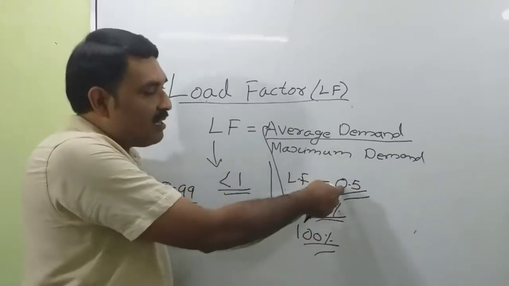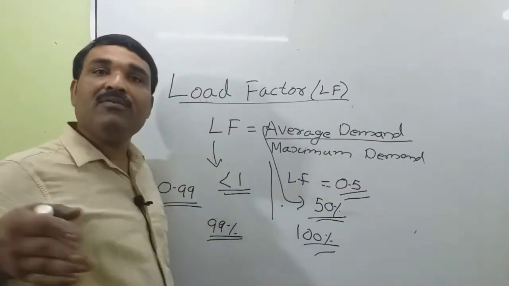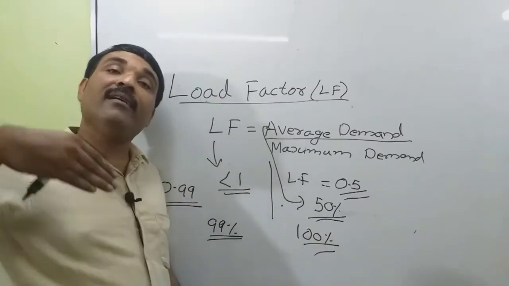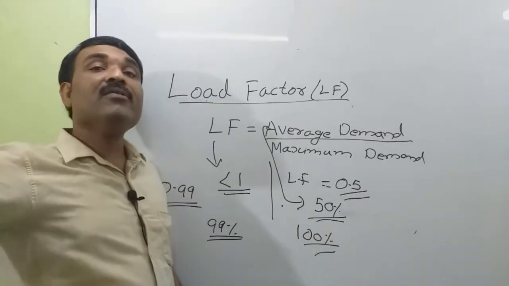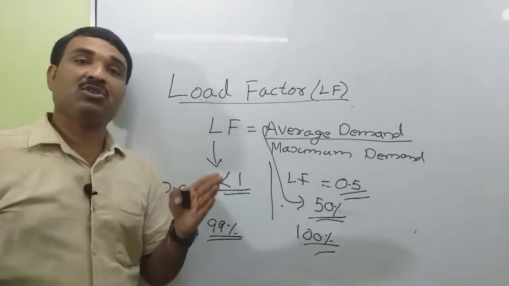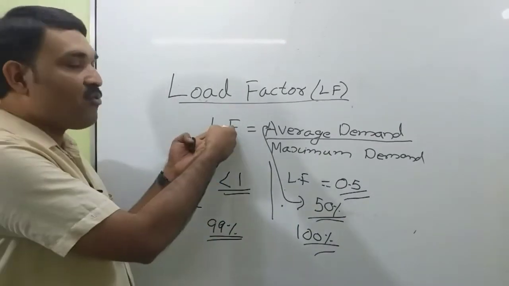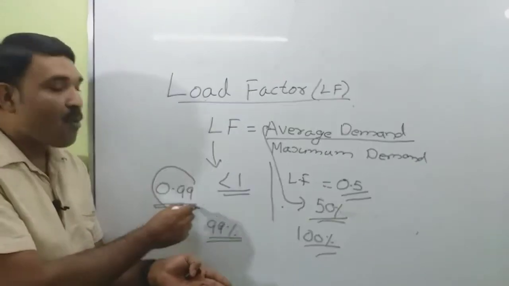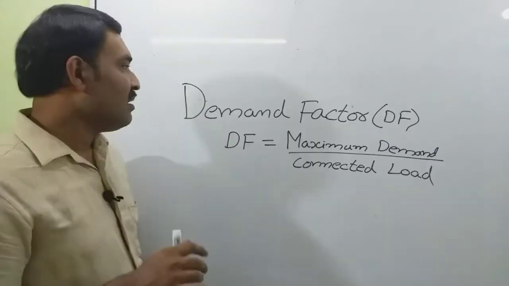Otherwise, for example here, the average demand is only 50%, but the power system must meet the maximum demand, so we have to generate 100%. That will increase the cost per unit. So for a good power system, the value of load factor should be approximately equal to 1, that is a value like 0.99.